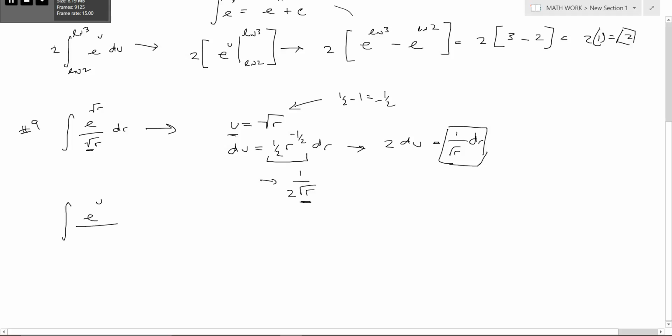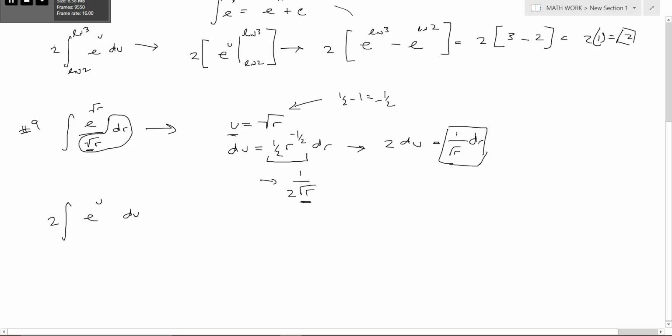So we have du equals 2 right here. So there's nothing going under here, because we've replaced dr. This has been replaced with du, right?